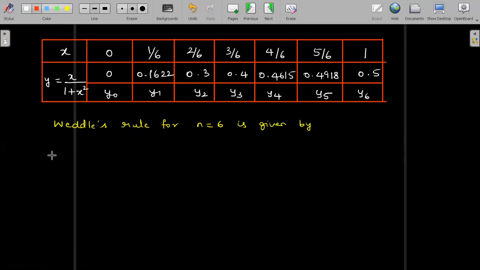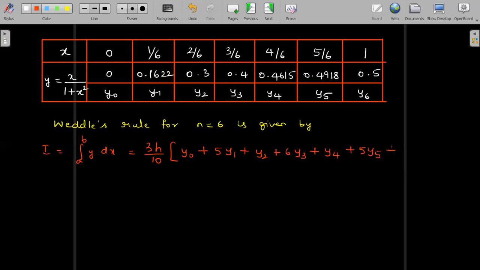The formula says that I is equal to integral a to b y dx, and that is given by 3h divided by 10 multiplied by y0 plus 5y1 plus y2 plus 6y3 plus y4 plus 5y5 plus y6. It's easy to remember, starting from y0 to y6 in the order we are going to write the formula, coefficients will be 1, 5, 1, 6, 1, 5, 1.